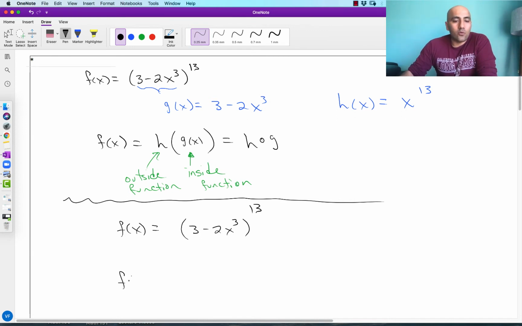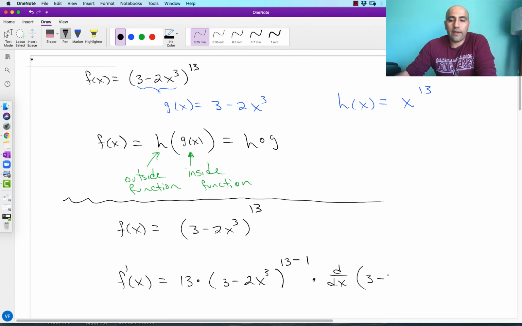So just using our rule, we know that the derivative is going to be equal to 13 times f of x, which is going to be this thing, 3 minus 2x cubed, to the power of 13 minus 1, times the derivative of the inside function, the derivative of 3 minus 2x cubed.